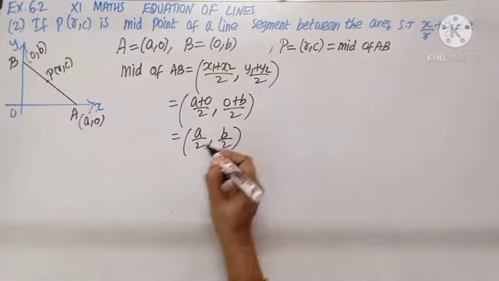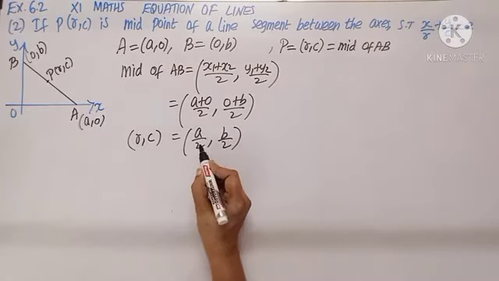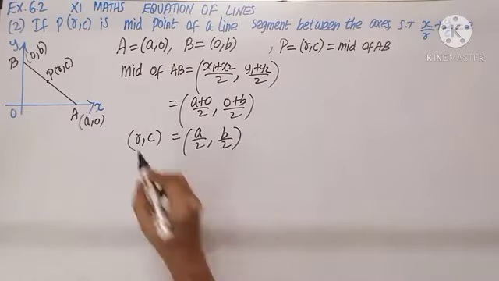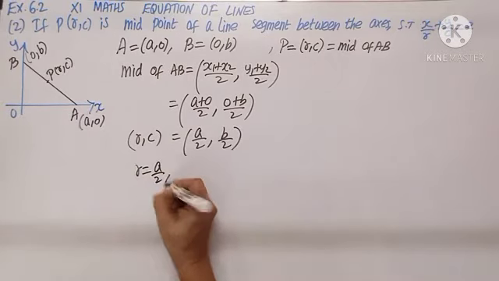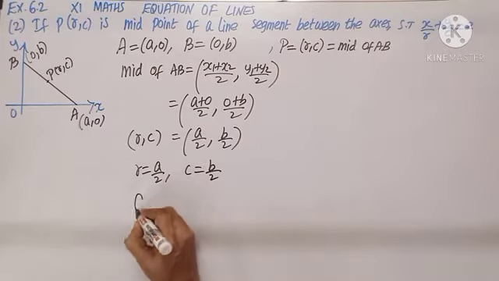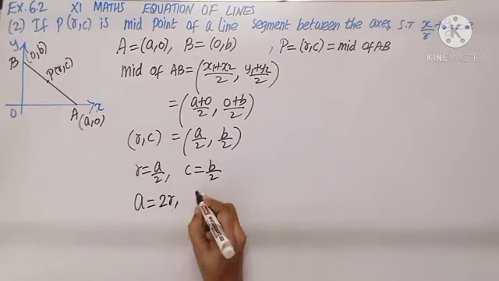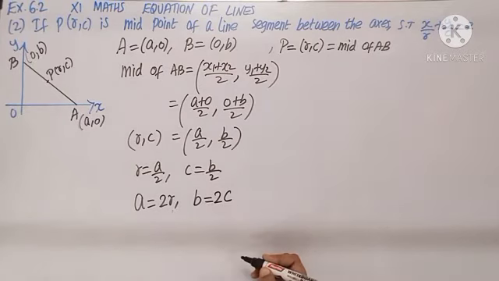Substitute this (r, c) here, so I get (r, c) equals (a by 2, b by 2). Comparing, r equals a by 2, c equals b by 2. Cross multiplying, a is 2r and b is 2c.